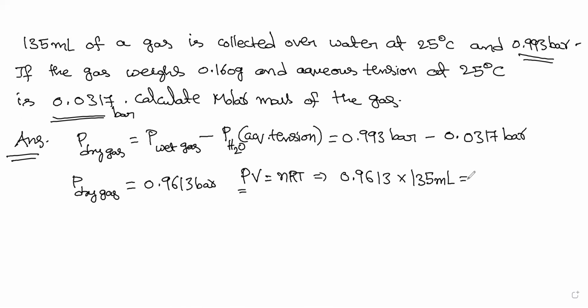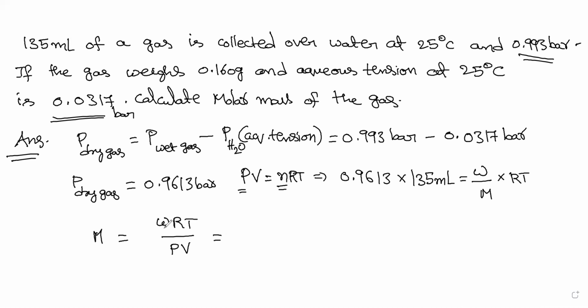Now we need the number of moles, so we need the molar mass. The weight of the gas divided by molecular weight is the number of moles, into RT. Molar mass is nothing but WRT divided by PV, the actual equation.